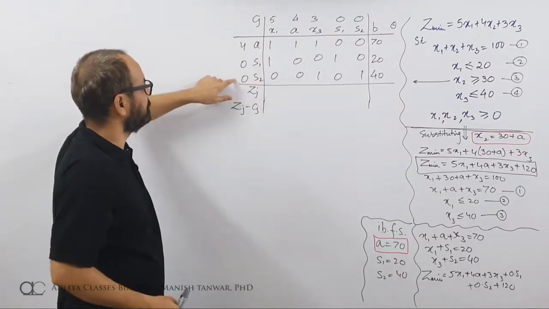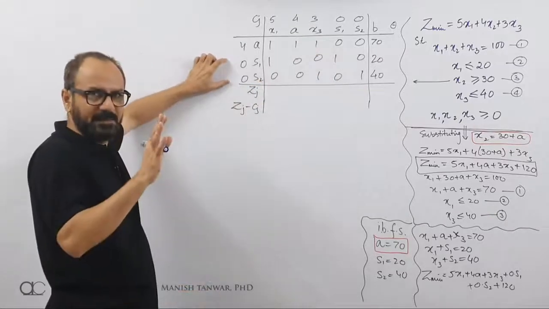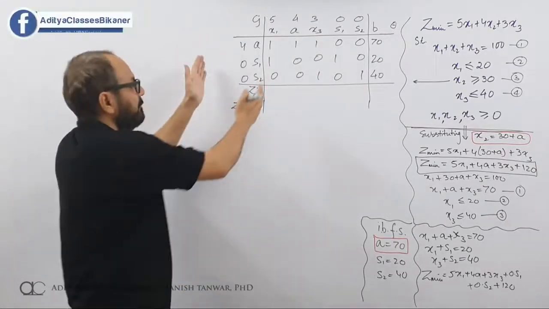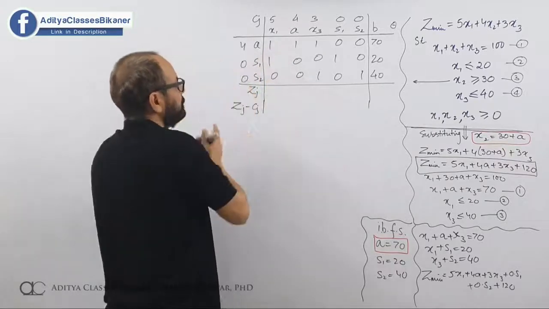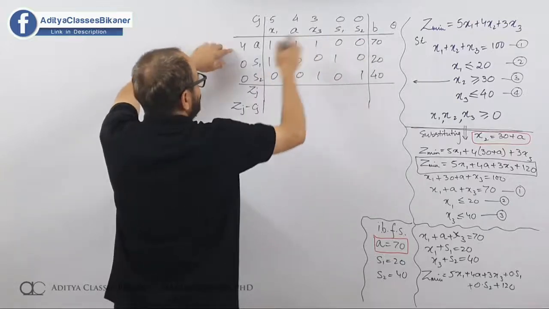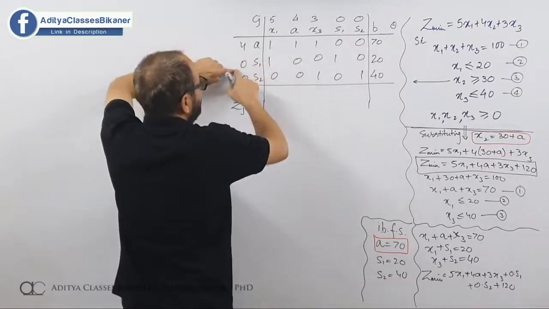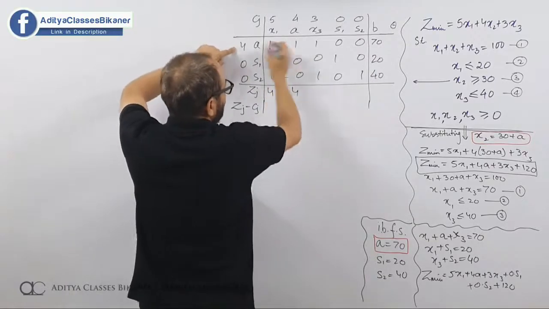So, technically, the second and third rows will not be participating in the sum total that we are taking by multiplying each column with contribution. So, these two will become 0. Ultimately, I will be getting my values only from this row. It will be 4 into 1 plus 0 plus 0, 4 into 1.